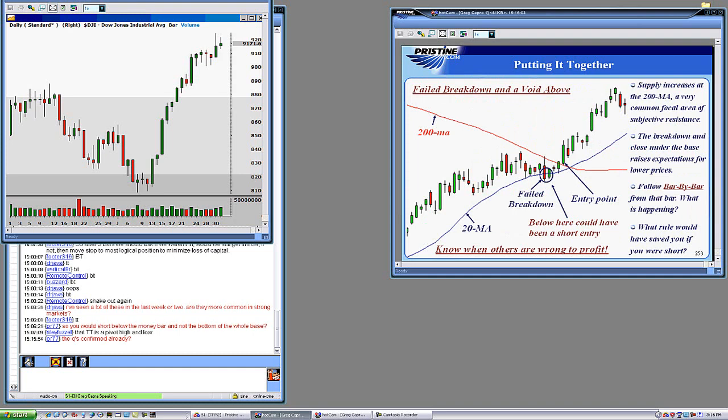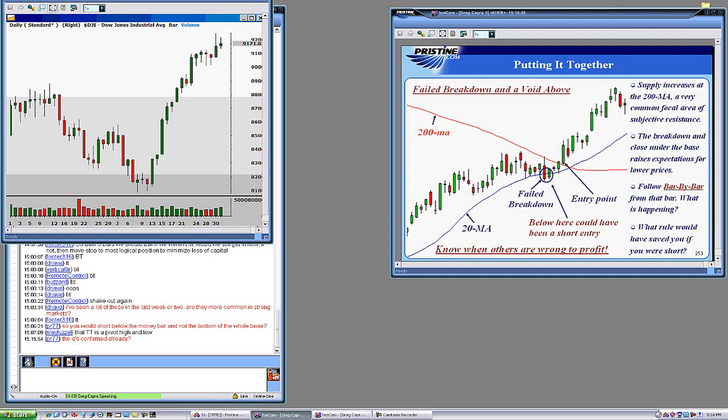You know what's interesting here? Well, the Qs, you don't have the inside bar, but that's okay. So it took out the low of the topping tail bar. So it's definitely a more bearish pattern. But what's interesting is that the futures didn't take out the low.